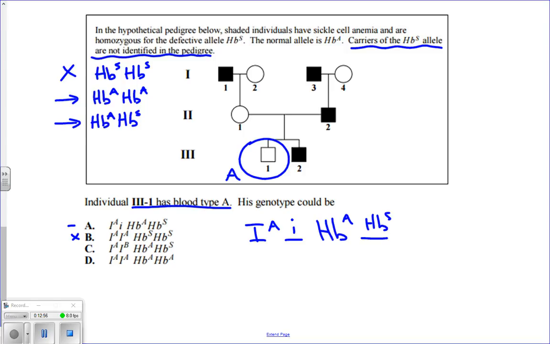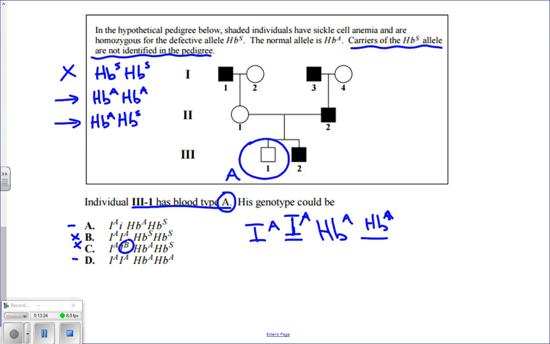C can't work because this person would have AB type blood, and it tells us that the blood type of individual 3-1 is type A, so we can't have that. But here's an interesting situation, because D fits the pattern. If this is a big IA and this is an HBA, well then that fits the pattern too.